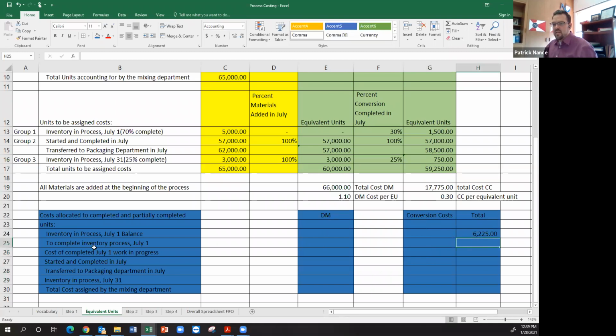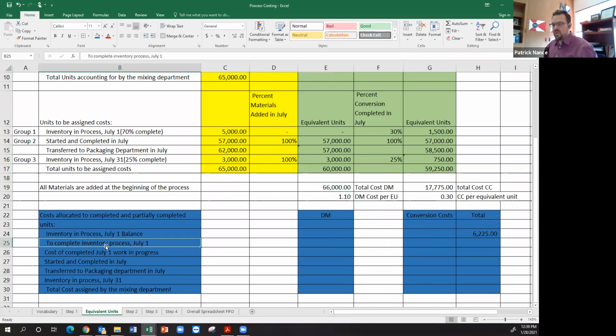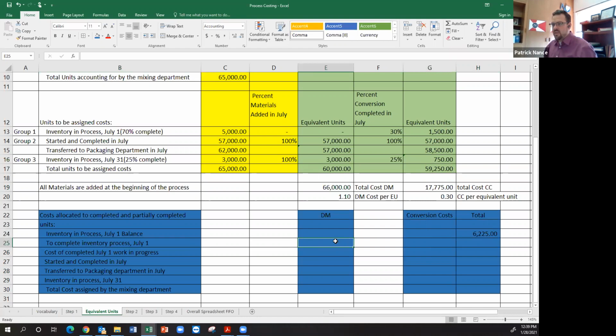Now, to complete inventory and work in process, for direct materials, for every unit that was in process, how much direct materials did we add? And the answer is 0, because I would take equivalent units for in process times the cost per unit, and it's going to give me 0.